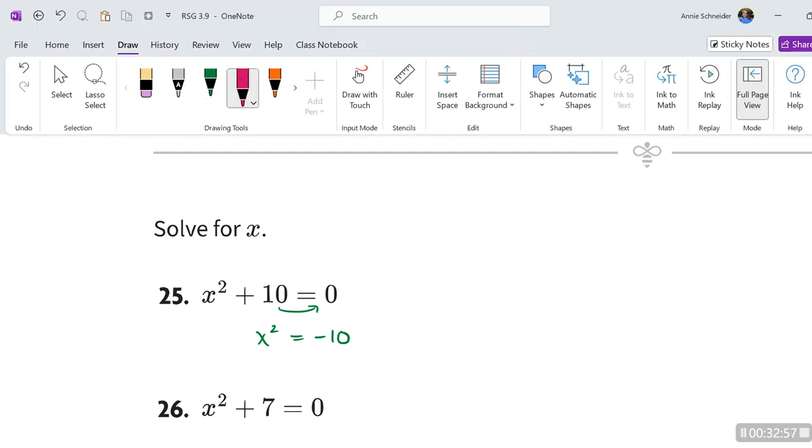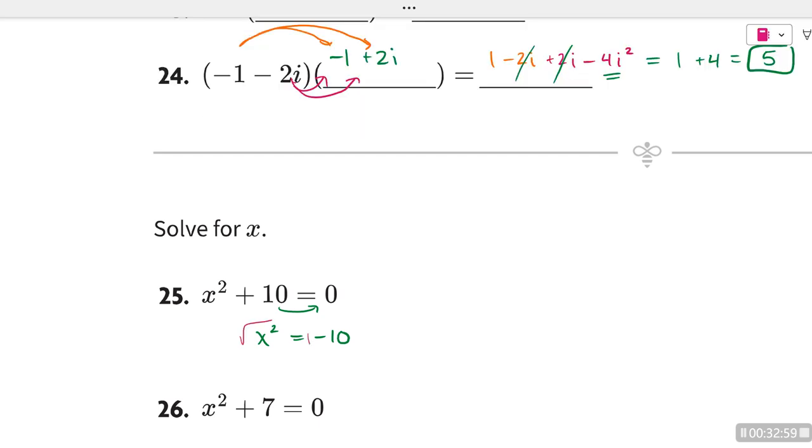Now to get rid of my square, I want a square root. But whenever I square root, I do have to be careful. I want to do plus or minus the square root. So I get x equals plus or minus the square root of negative 10. Well, the square root of negative 10 can become x equals plus or minus i root 10.